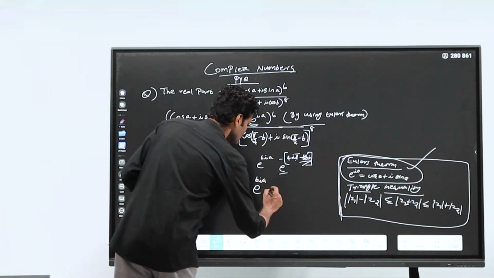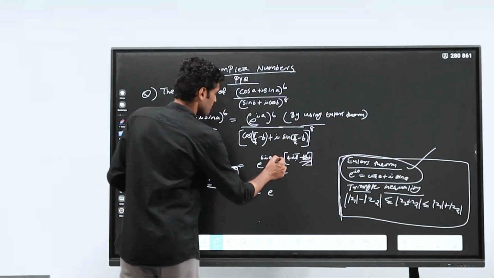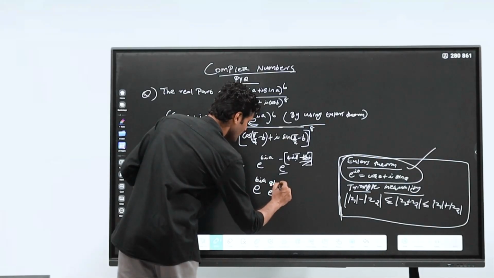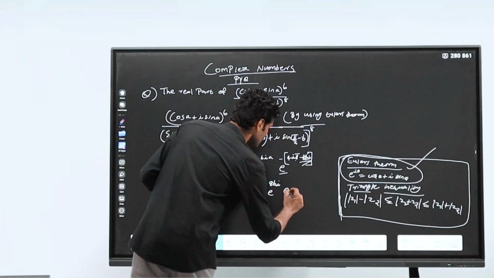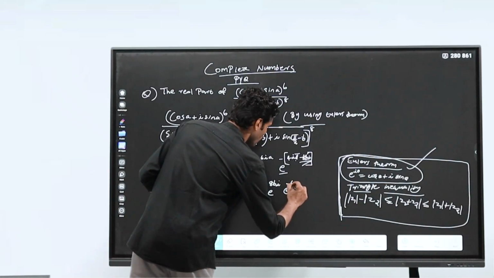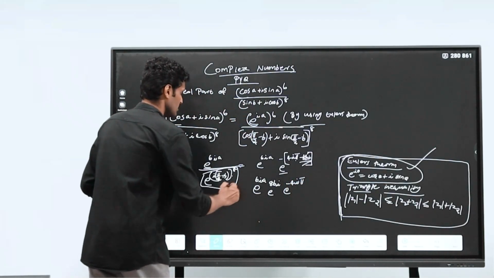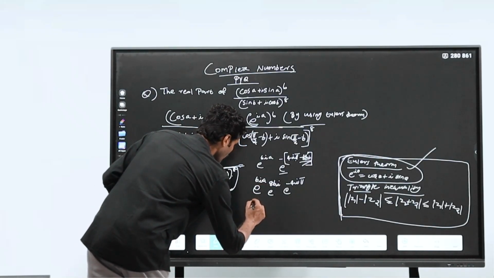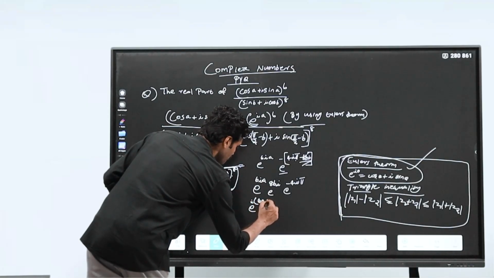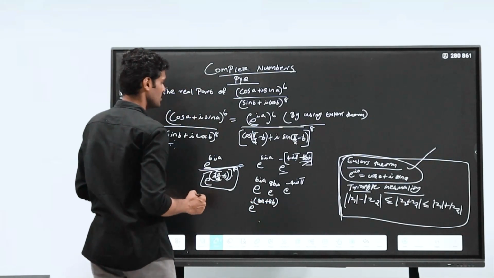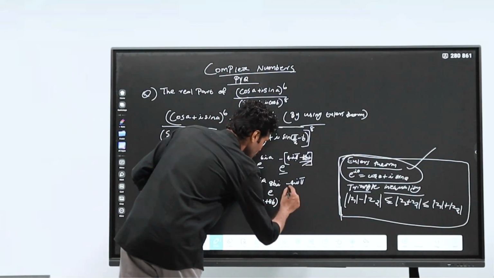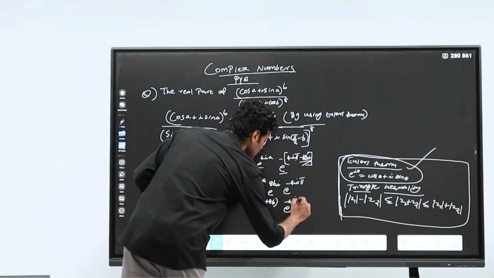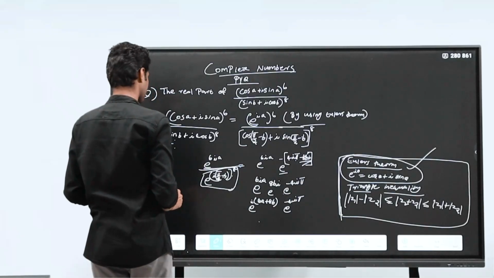The third term is e raised to minus and minus is plus, e raised to 8bi together, and e raised to minus 4i pi. So from here we can write e raised to i into (6a plus 8b), and we need to find the value of e raised to minus 4i pi.